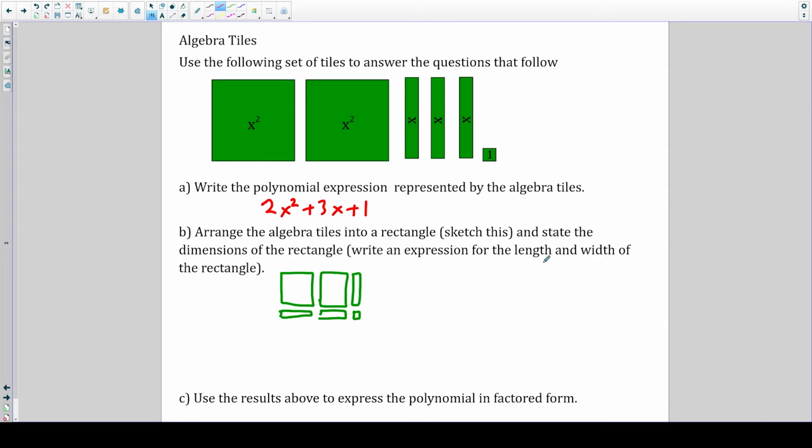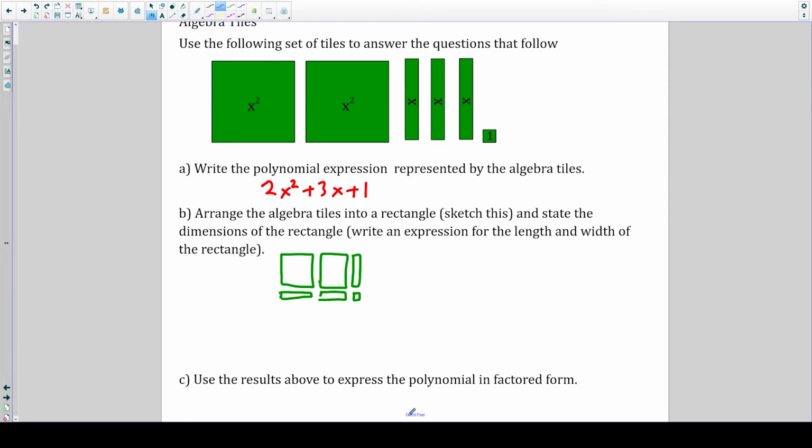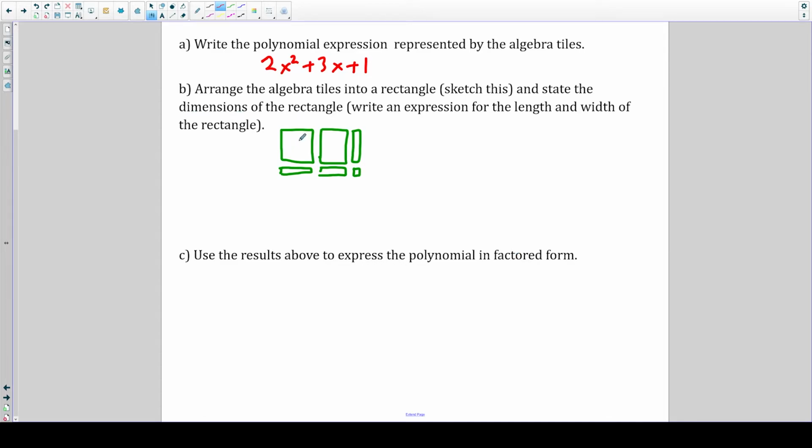To state the length of the rectangle, we can take a look along the top. We have a length here of x, x, and 1. So we have 2x plus 1. And then along the side, we have x plus 1. So we have a length of 2x plus 1, and then we have a width of x plus 1.